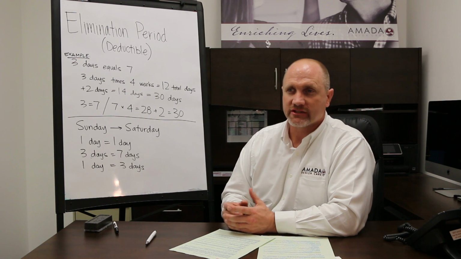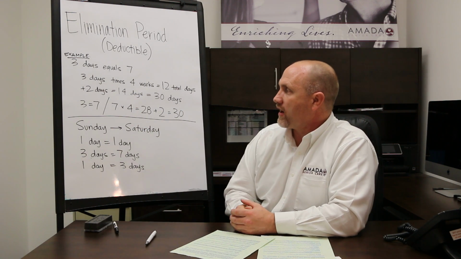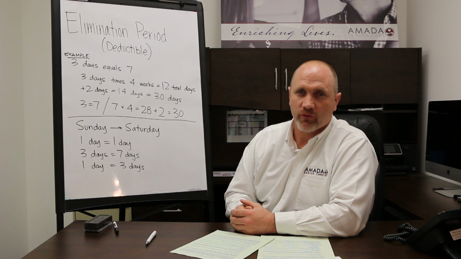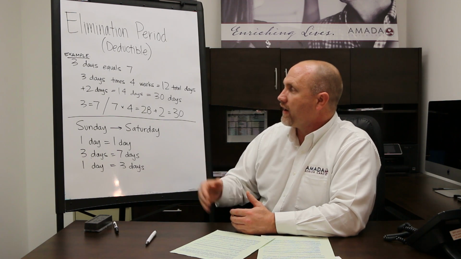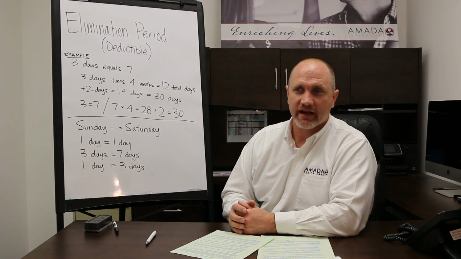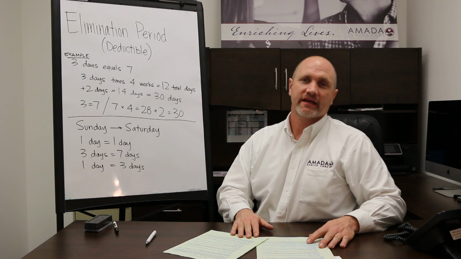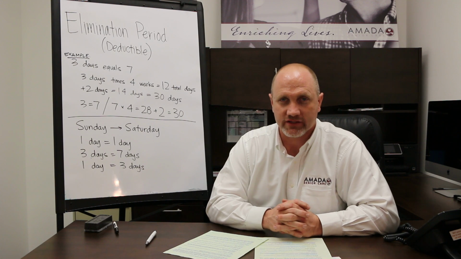For example, if I charged $100 a day, this scenario would cost the policyholder $1,400 during the elimination period. Then on the 31st day, the elimination period has been satisfied and the policy would then begin to pay out based on a daily, weekly, or monthly benefit, however that policy is structured.